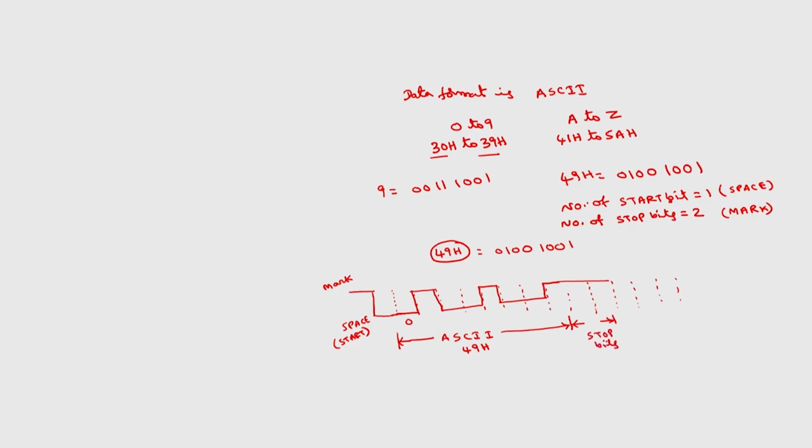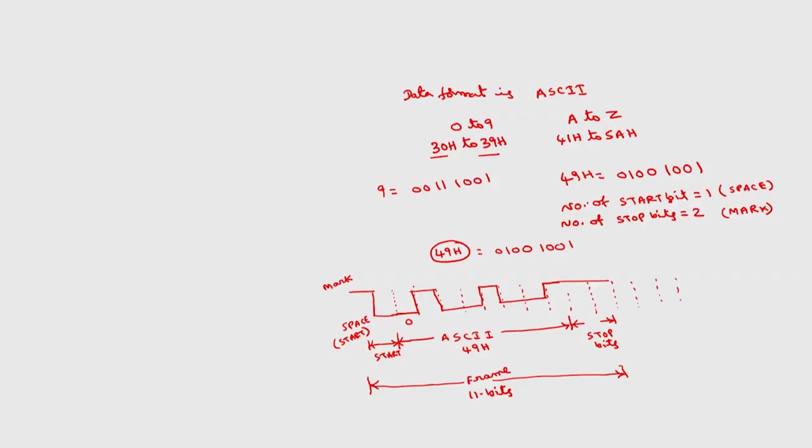So, total we have to send starting from the start bit, this is start bit, so total from here to here total 11 bits is called one frame. So, one frame consisting of 11 bits in this case. So, this is what we have to send if we want to send 49H.